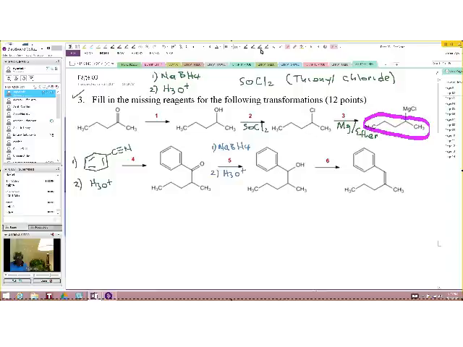So here, we could also use, or step 1, lithium aluminum hydride, and then step 2, hydronium ion. So you could use any one of these to convert the carbonyl of a ketone to a secondary alcohol, or the carbonyl of an aldehyde to a primary alcohol.